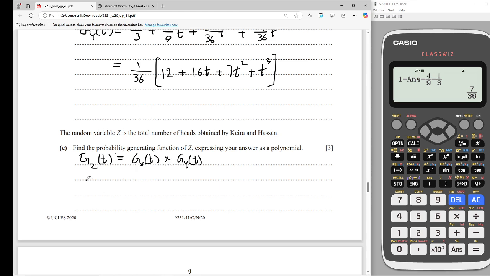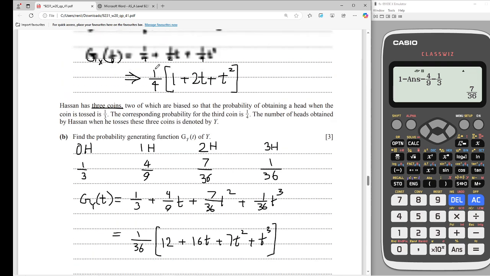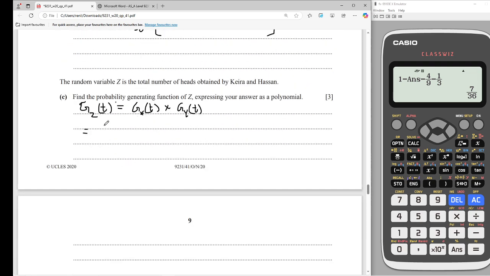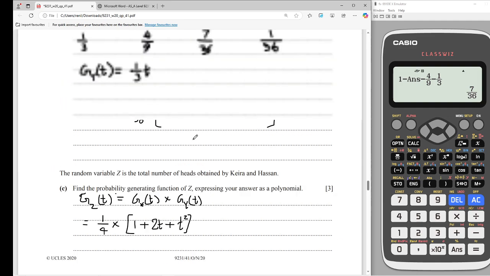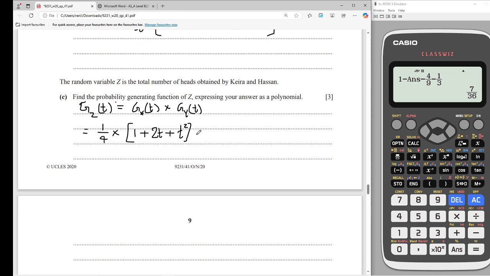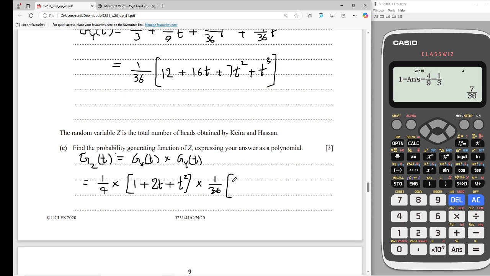So gx(t) is going to be 1/4 times (1 plus 2t plus t squared), and this is multiplied by 1/36 of this right here.